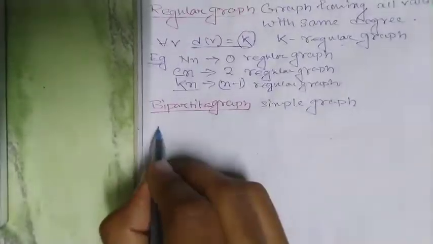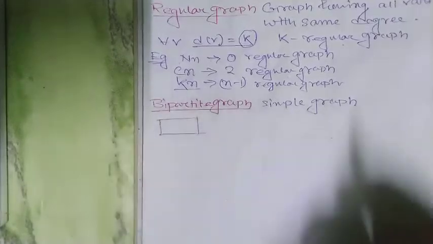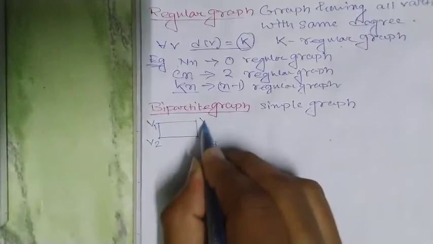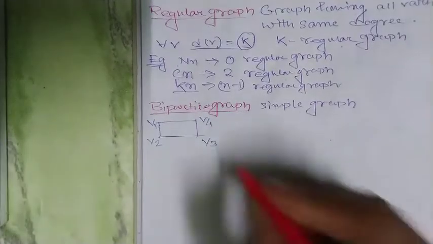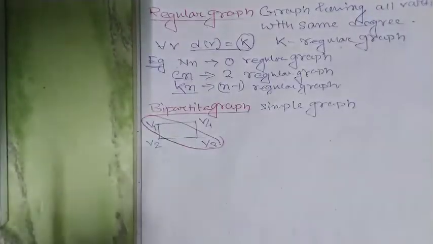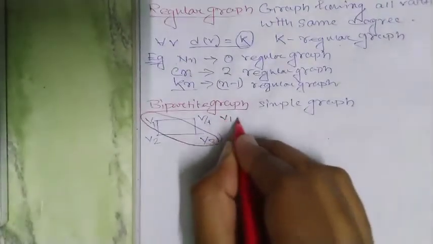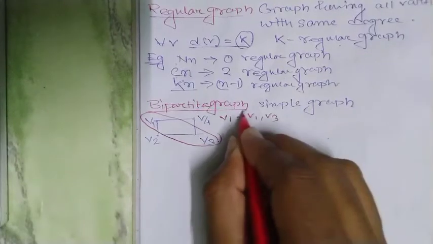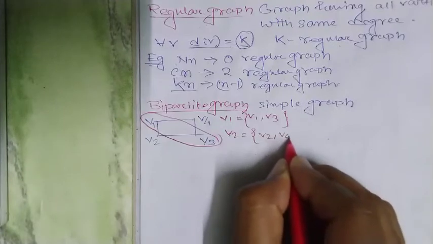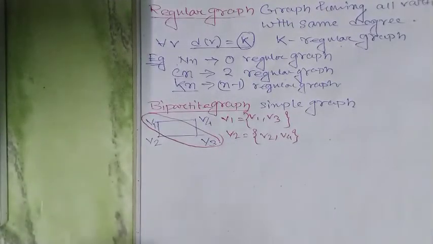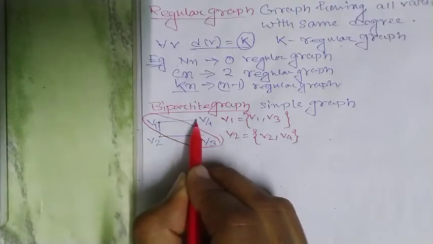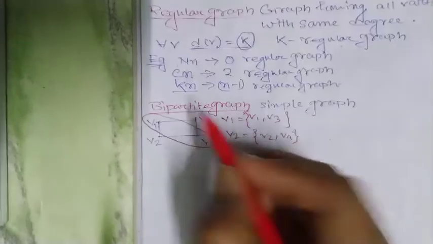Let's see some examples. For this graph, v1, v2, v3, v4. If we divide it like this, vertex set 1 contains v1, v3, and vertex set 2 contains v2, v4. Now see every edge, like this edge is from vertex set 1 to vertex set 2.